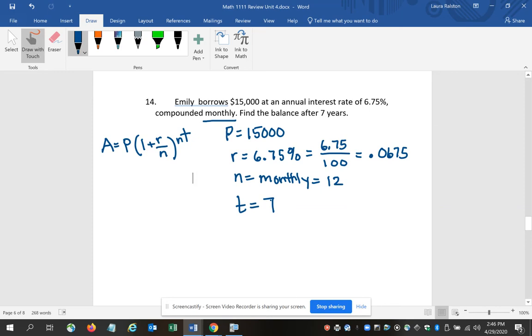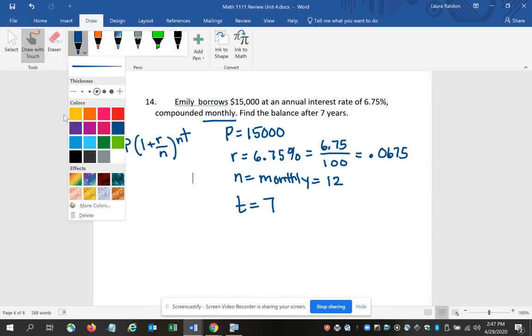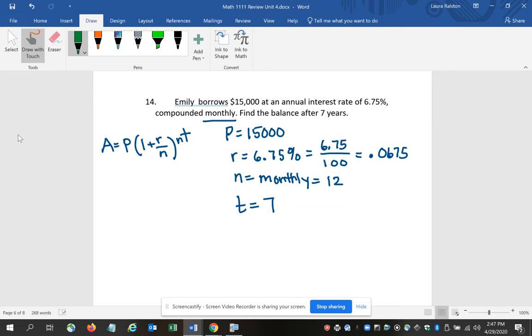Okay, so we're going to plug and chug into the formula. So I would have A equals 15,000 times (1 plus 0.0675 divided by 12) raised to the 12 times 7 power.